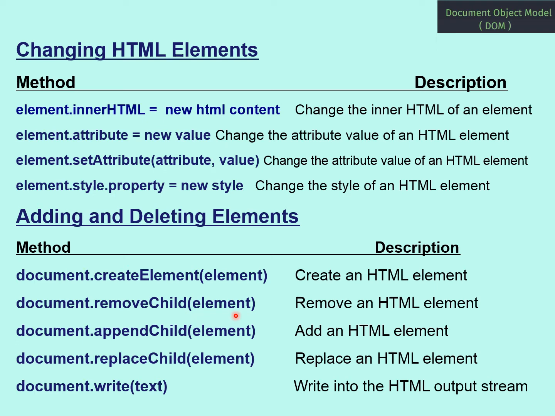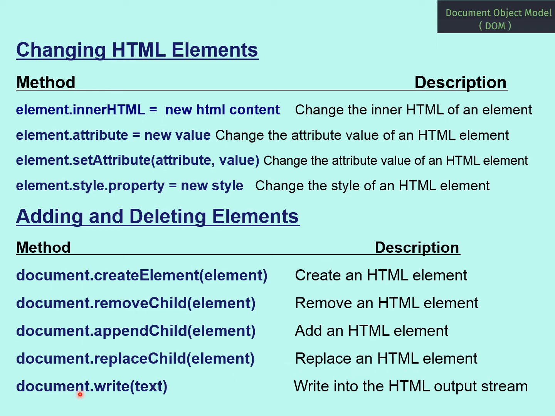It is responsible for removing an HTML element. Next is document.appendChild(element). This method is responsible for adding an HTML element. Then document.replaceChild(new, old). This function is responsible for replacing an HTML element.